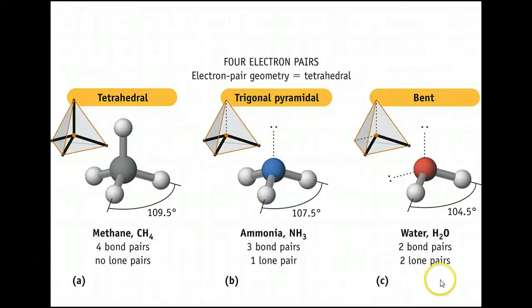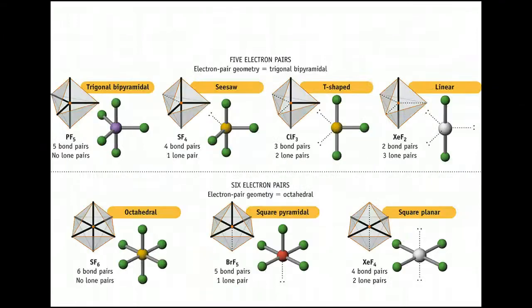And then we will see that that bond angle continues to shrink further when we reach something like water, where we have 2 lone electron pairs that are trying to get as far apart from each other as they can. And so the bonding electron pairs end up getting a little closer together than you would have expected in the tetrahedral shape. We see similar things happen with both 5 and 6 electron pairs.